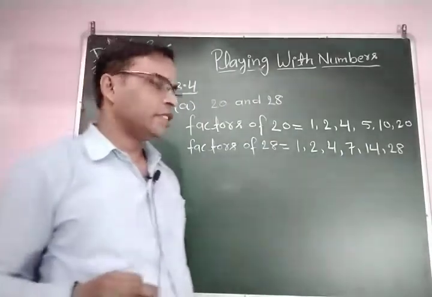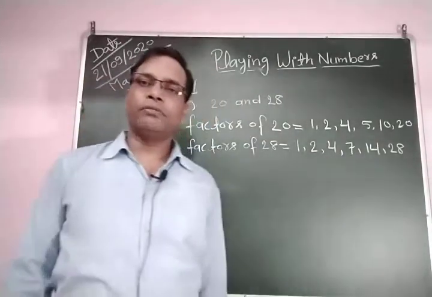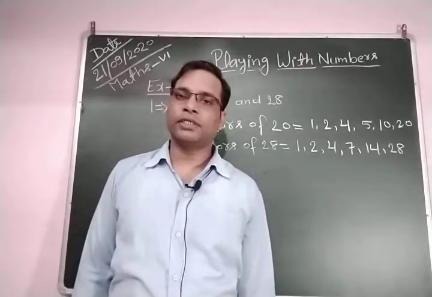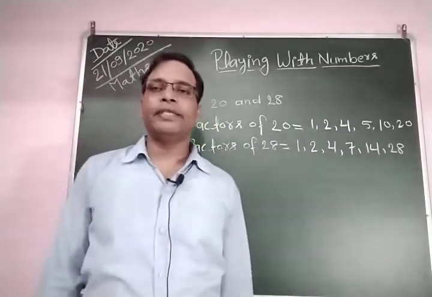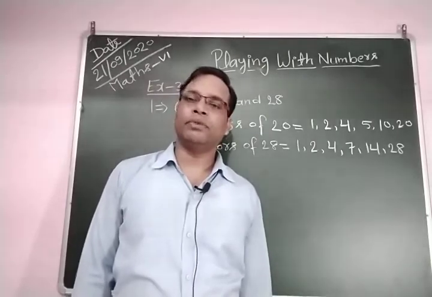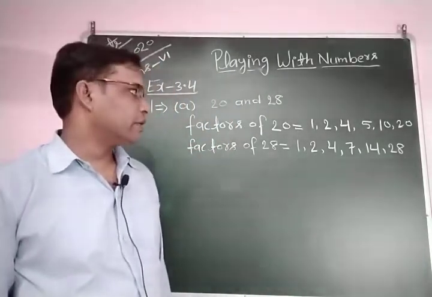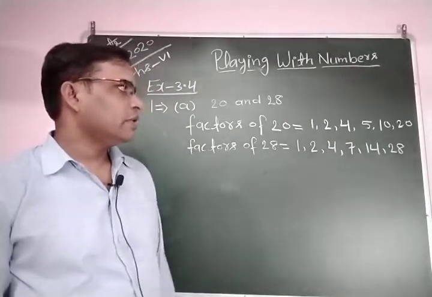In this way, all those numbers that divide 28 are factors of 28. One divides every number, so one is a factor of every number. Clear? Now you can see what is common between them.